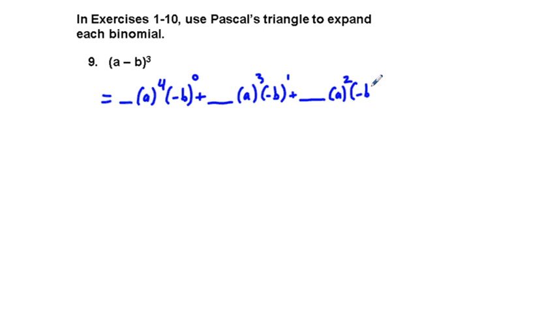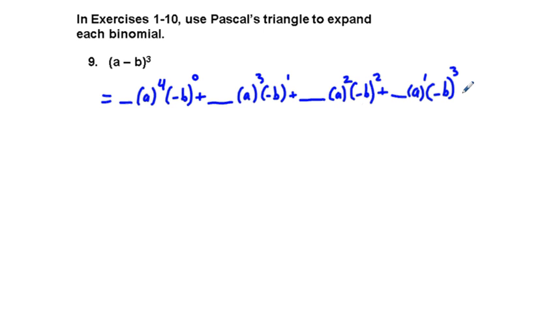Negative b squared, plus we have some coefficient a to the 1st power, and this negative b is to the 3rd power, and what that's going to do is make it minus when we work that out.